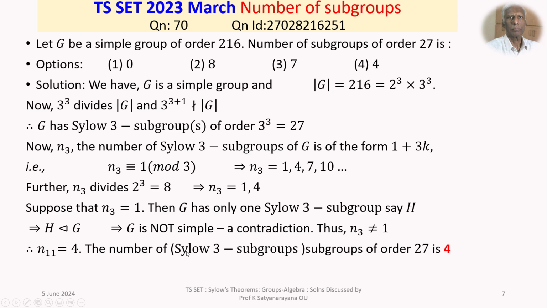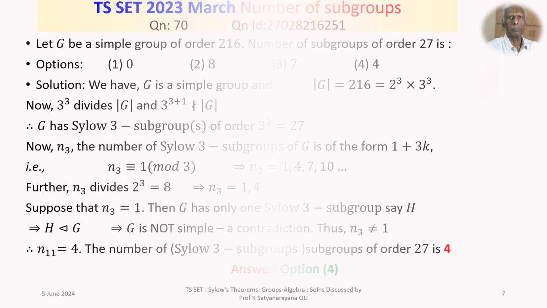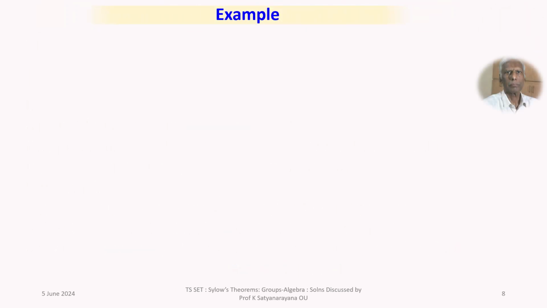They are the Sylow 3 subgroups. So how many? It will be 4. So, it tallies with our answer given in option 4. So, that is the detailed discussion of the solution of the problem that was given in the TS SET 2023 March examination. Now, let's move to the next example.